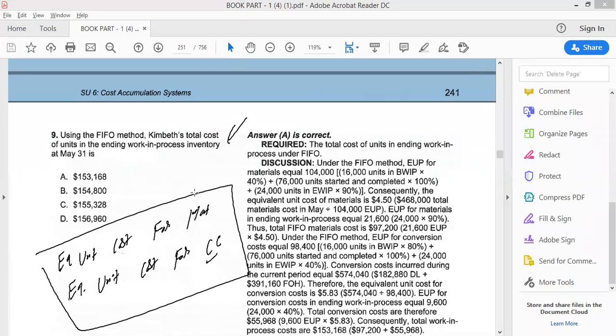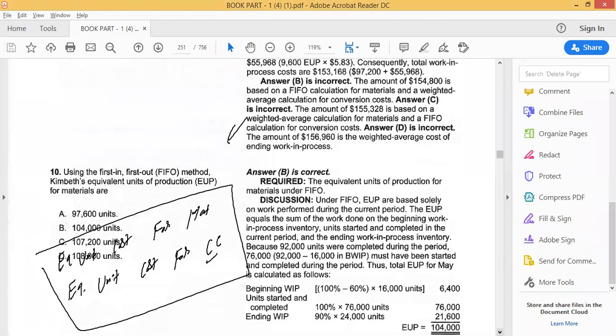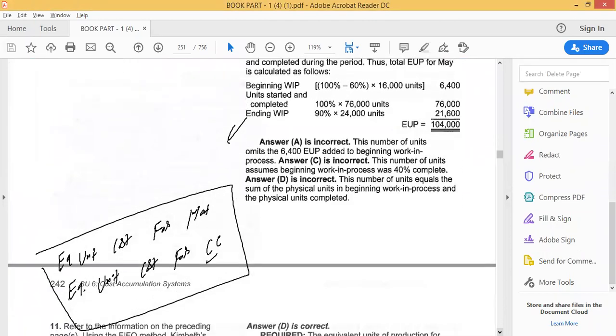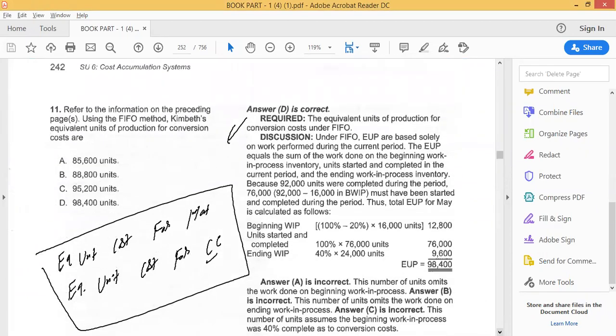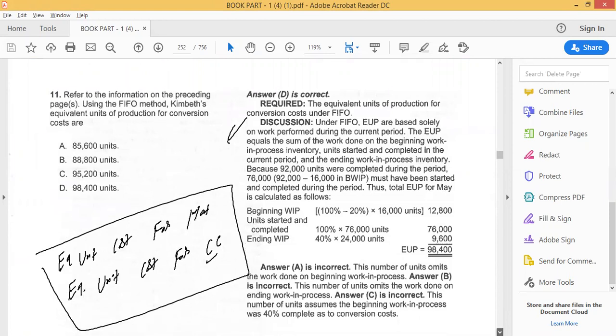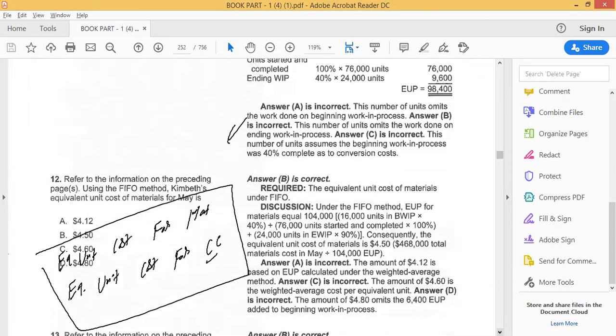So in order to perform this calculation, we will come back to question number 9 again. We can go to next questions and there we can calculate per unit cost for the FIFO, and then we can come back to question number 9.